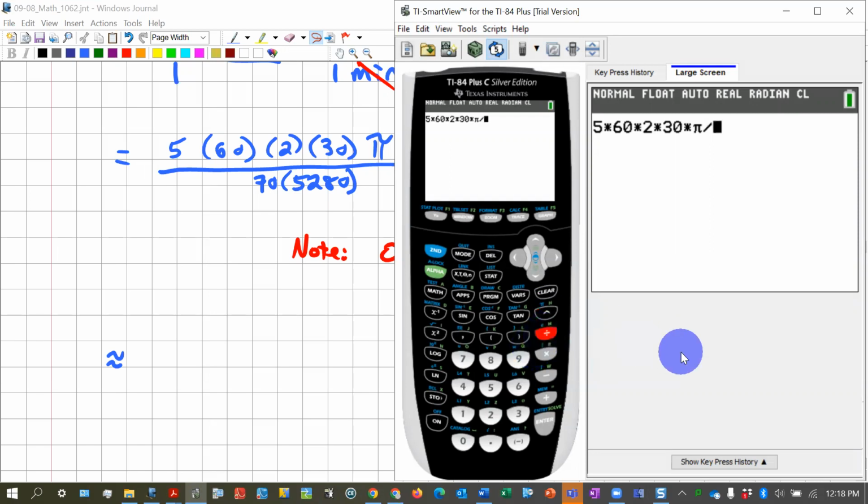But if we're in classic mode or if we're in math print mode, but we didn't type alpha F1, we have to tell the calculator to do the multiplication in the denominator before it does the division. I learned that one the hard way when I was a student.